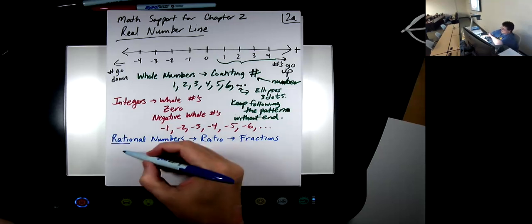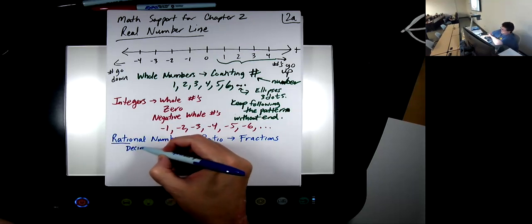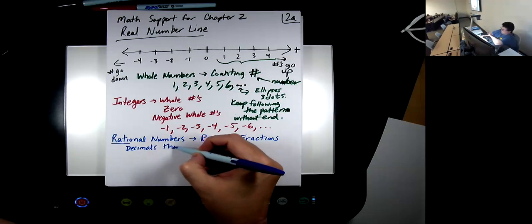This includes decimals that can be written as fractions, and we'll show how to do that.